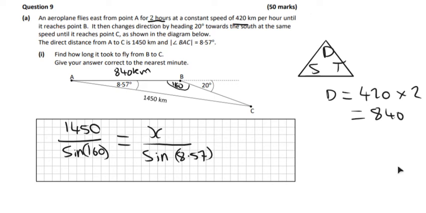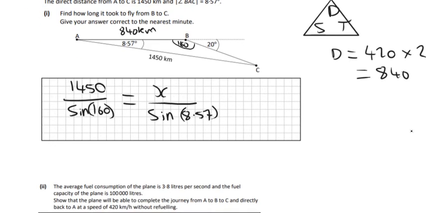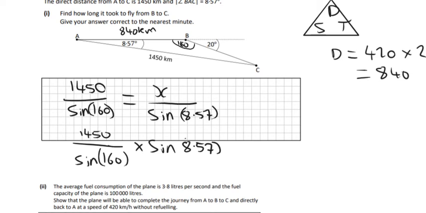So you can just rearrange that then, so you can just move over the sine of 8.57, so 1450 over sine 160 multiplied by sine of 8.57, and that will give us X, and you can just use the calculator then. So that is 631.901, and we're rounding off there. So that is the distance then from B to C.